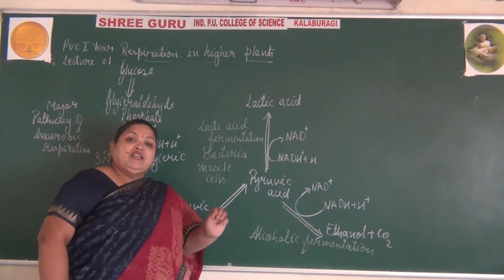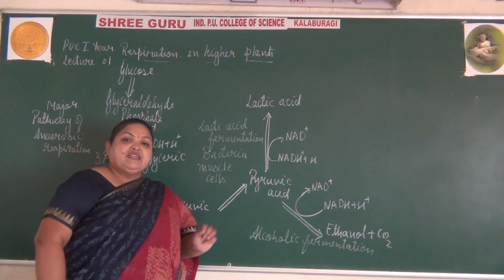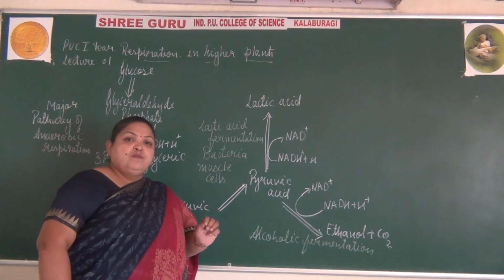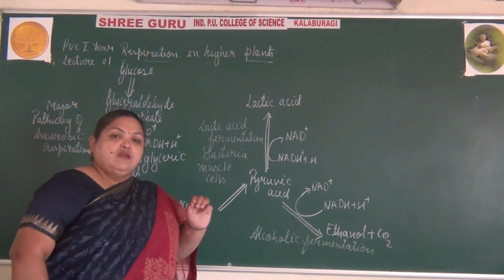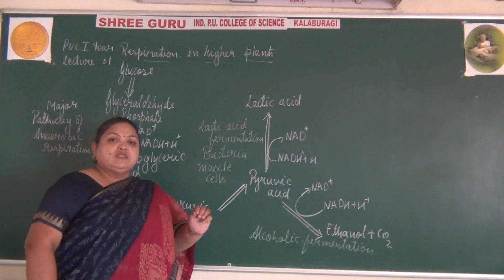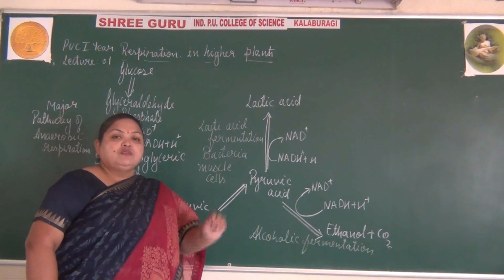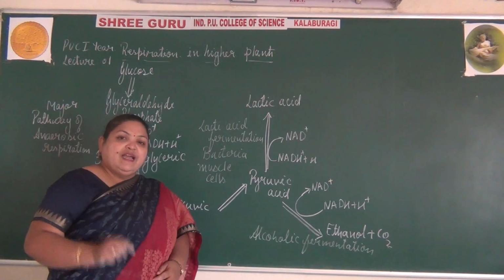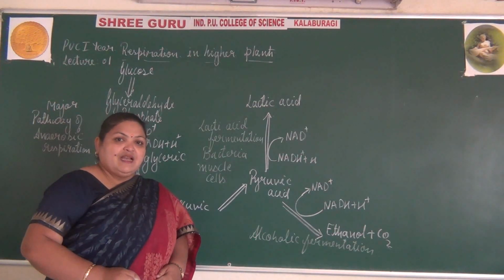Then, what is glycolysis? It is a process where the complex food substances are broken down into simple components, which will be dealt with in the next class.